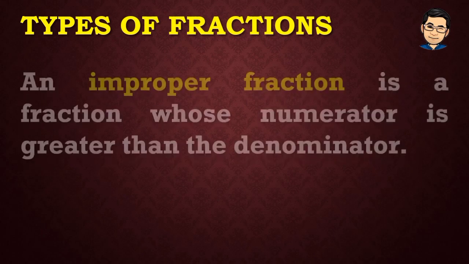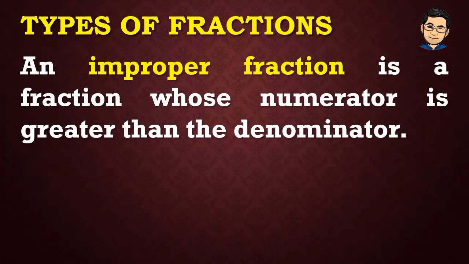Let's now have improper fractions. An improper fraction is a fraction whose numerator is greater than the denominator. The improper fraction is the exact opposite of a proper fraction, wherein the number written on top, the numerator, is greater than the number written at the bottom, the denominator.